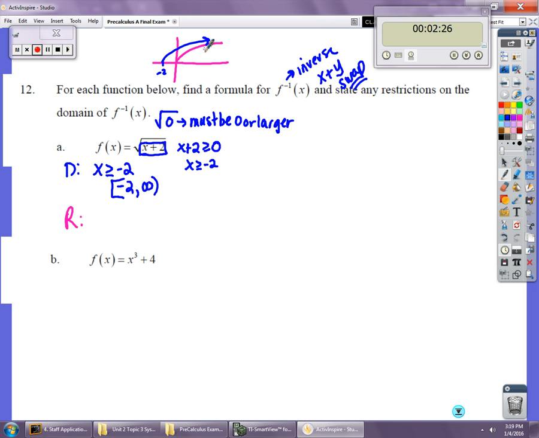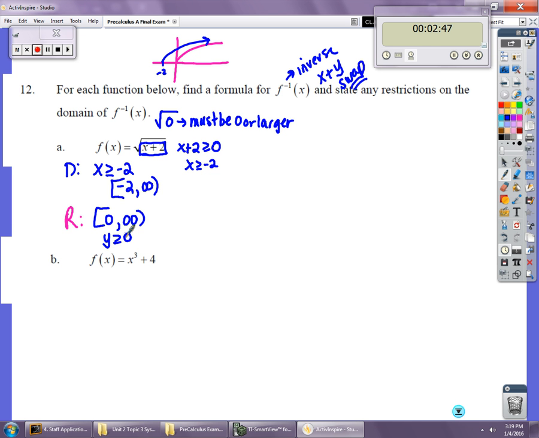I didn't move it up and down at all, which would be a concern for range. But because I didn't, it looks like it's going to be greater than 0. So we can say it's from 0 to infinity, or you could say the y's are greater than or equal to 0.